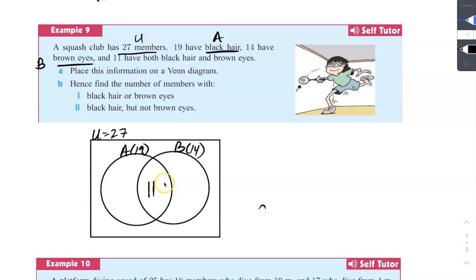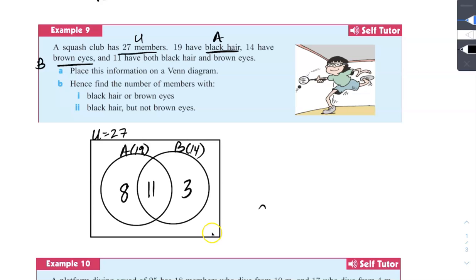Because now, before I solve the rest of the problem, I can fill out the Venn diagram. So this is 11. I know the set A, which represents black hair, has 19 members. So 19 minus the 11 that they share gets me 8. Same thing here, right? If B is a total of 14, subtract off 11, you get 3.